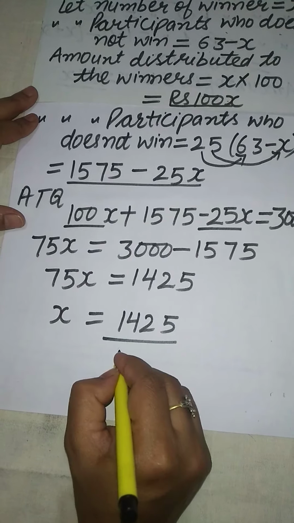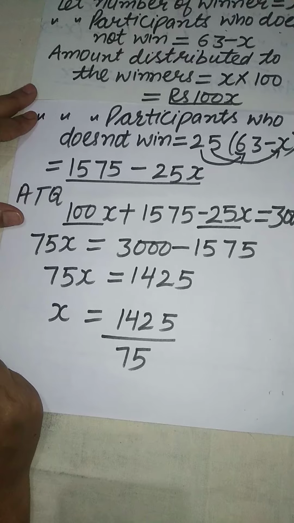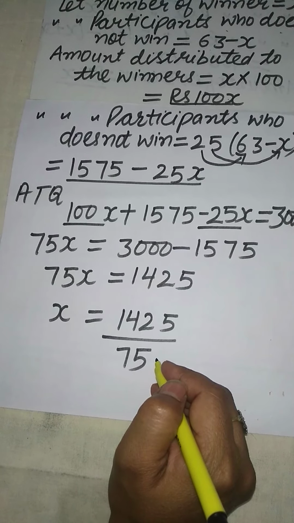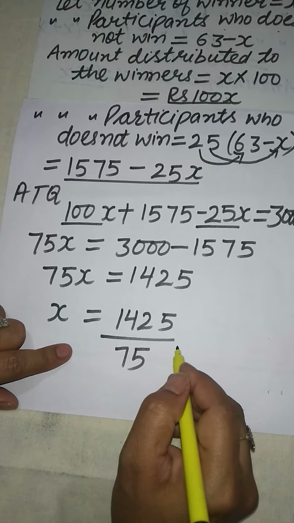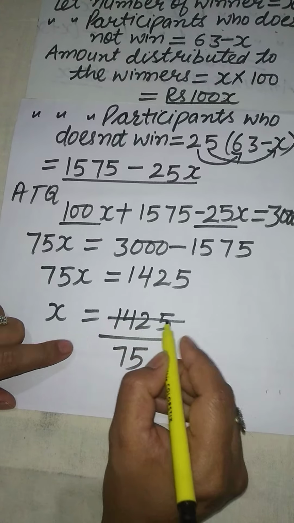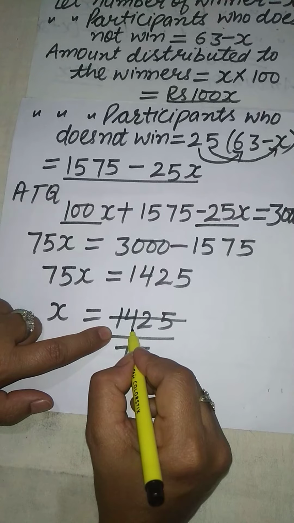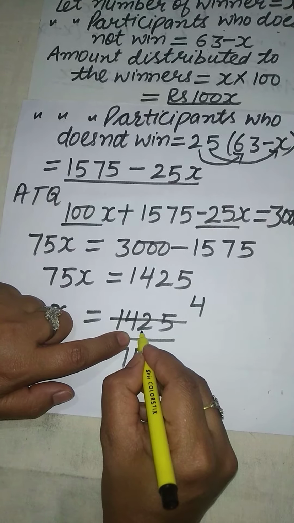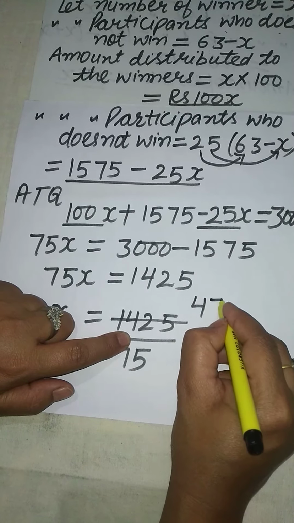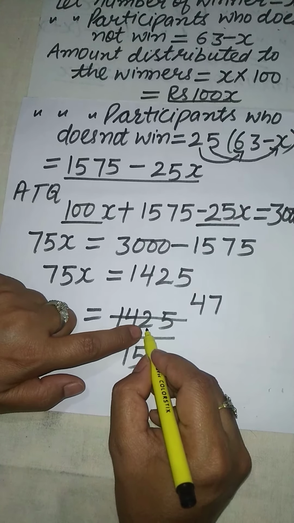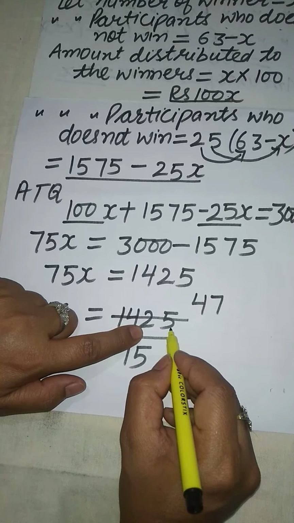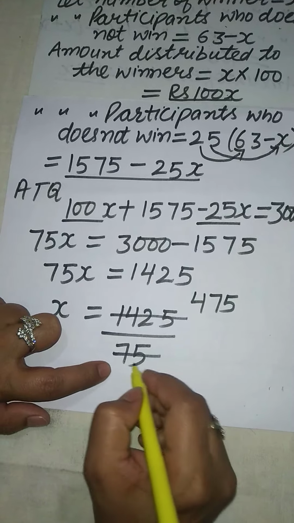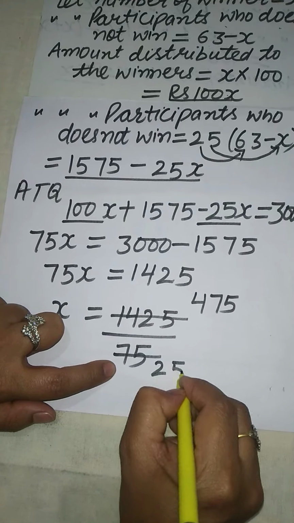Now x will be equal to 1425 divided by 75. Now cancel the terms. Firstly, we will use the table of 3. 3 fours are 12, 2 carry 2, 3 sevens are 21. Now 1 carry, 1 five is 15, 3 fives are 15, and 3 twos are 6, giving 25.